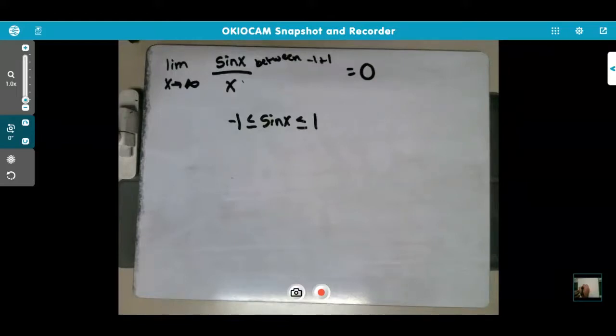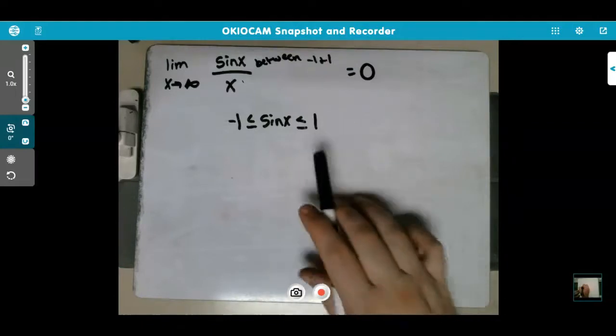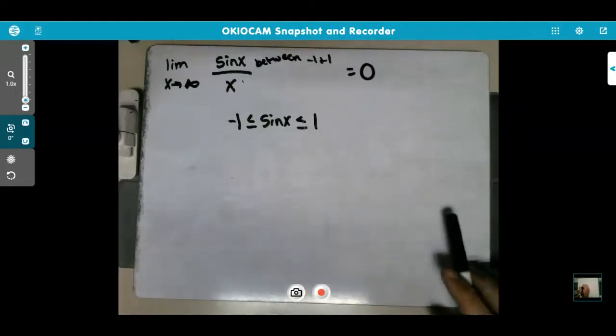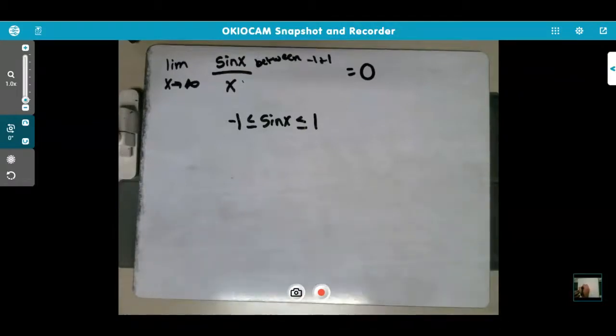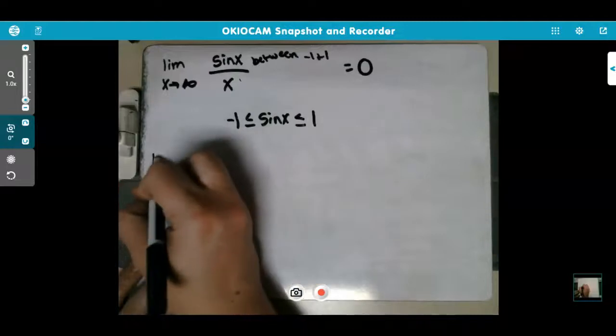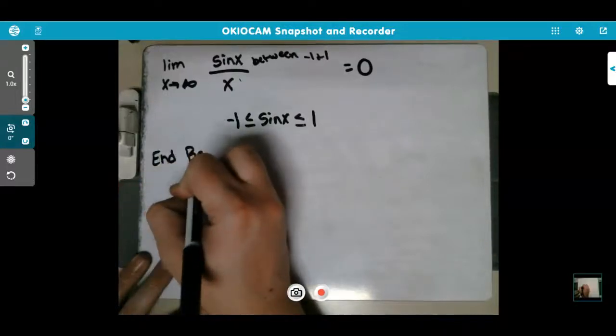All right, so now that we know how to do that, you may want to know, why does this help me out? Well, when I draw the graphs, this actually helps us see what happens as my graph goes far to the right and far to the left. So we can now tell what the end behavior is.